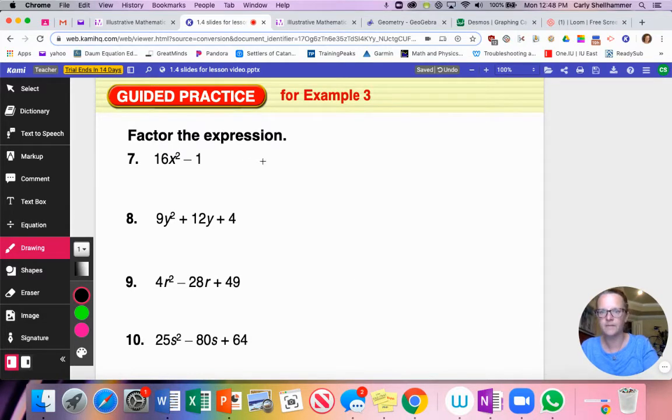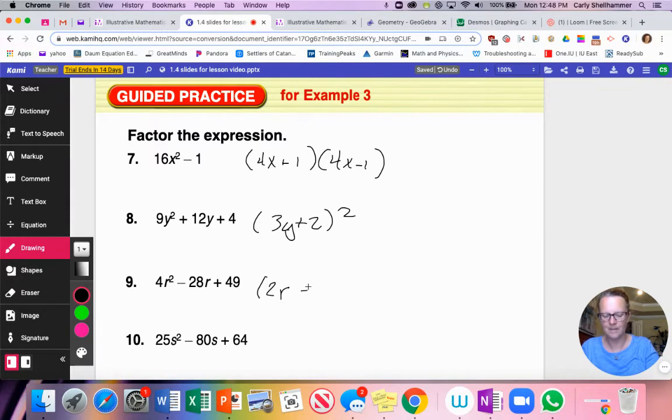This is a difference of perfect squares, so it's a plus b and a minus b. Perfect square trinomial, 3y plus 2 quantity squared. Perfect square trinomial, 2r minus 7 quantity squared.